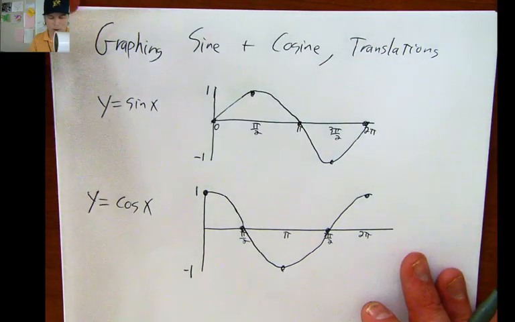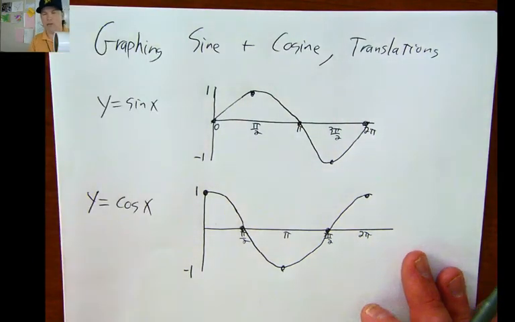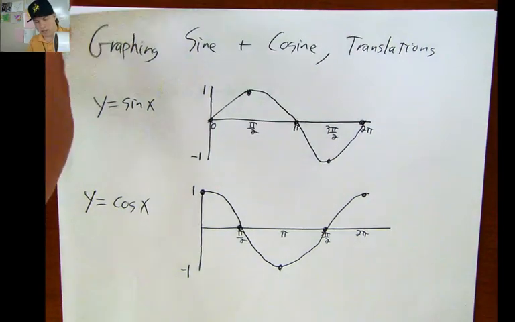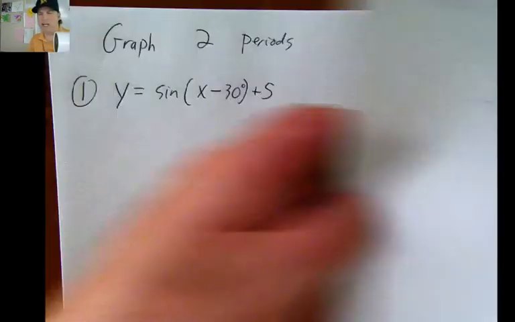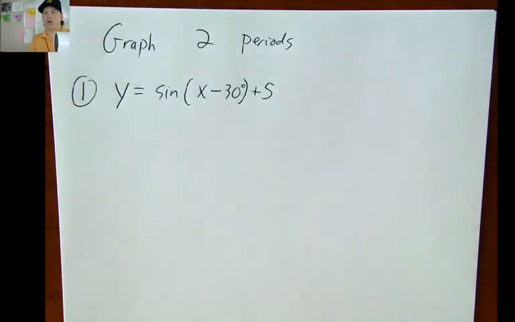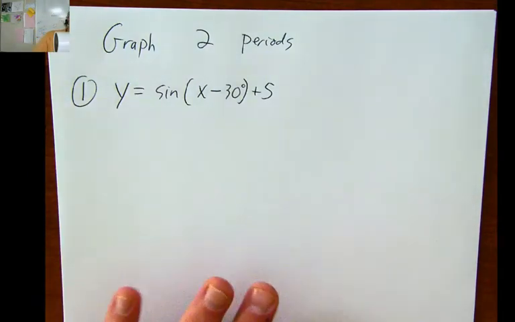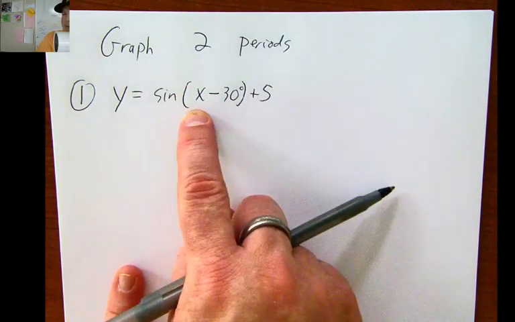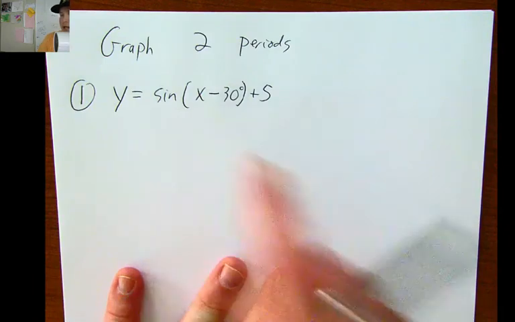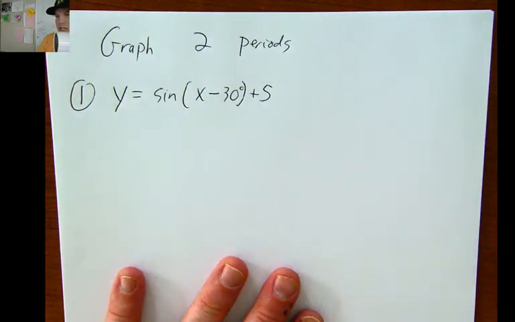So I'm going to do a couple problems. They're both going to have vertical and horizontal translations. I'm going to do one in sine, one in cosine, one in degrees, one in radians, and this one appears to be the sine problem being done in degrees. Let's go.